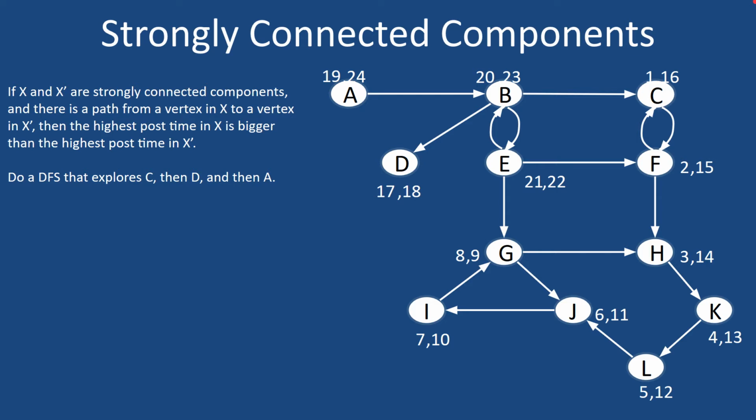In this specific example. In this example, see if you can come up with a graph. I can think of one with 3 vertices that foils this property, where the smallest post time isn't in a meta sink. It's actually in a meta source. I'll spot you 3 vertices. So here we go.